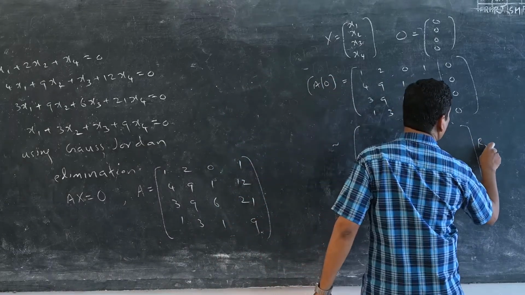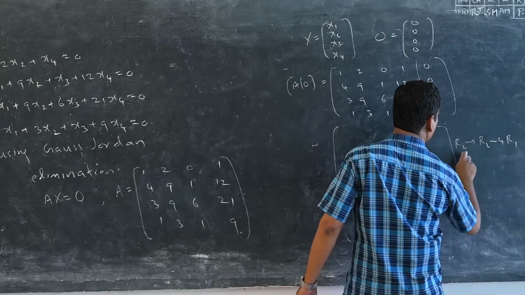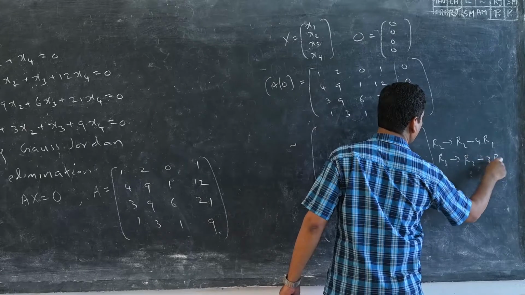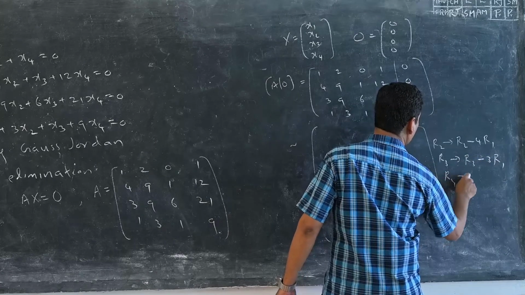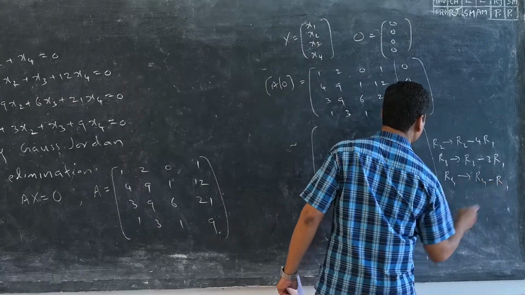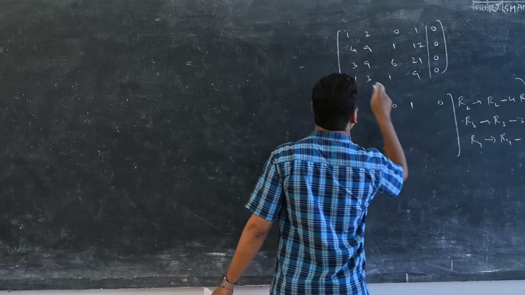R2 goes into R2 minus 4R1, R3 goes into R3 minus 3R1, R4 goes into R4 minus R1. The first row is 1, 2, 0, 1, 0.